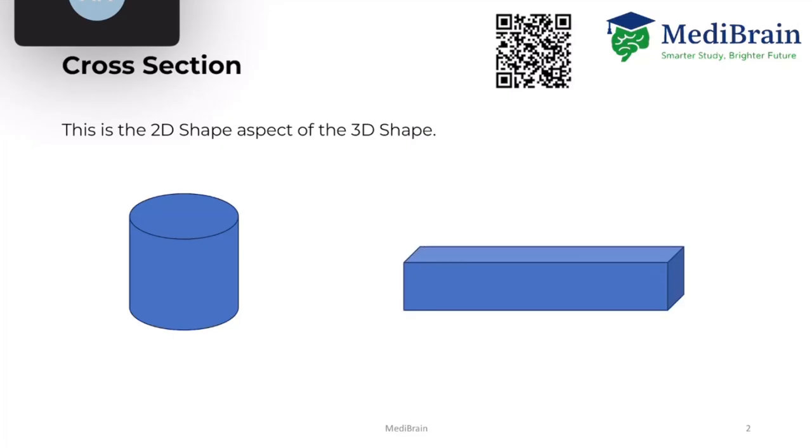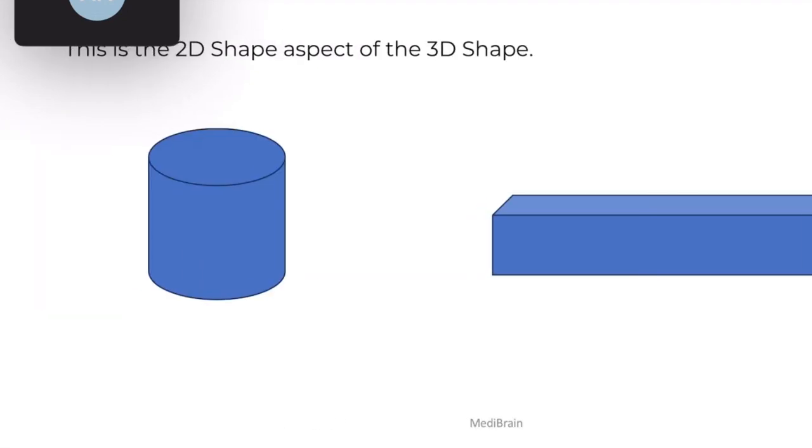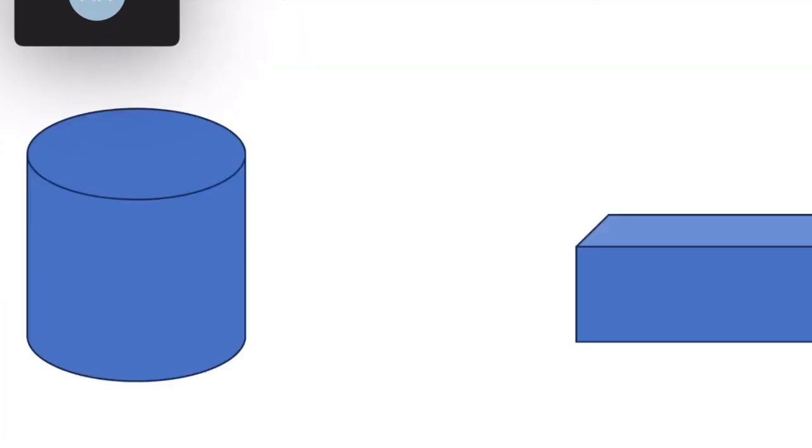If we have a look at this shape over here, we've got a cuboid. And as we can see, the 2D shape in this case is a rectangle. The rectangle is the shape that's being stretched out into a 3D shape. So we've got a cylinder, however, the cross section is a circle because that's the 2D shape that's being stretched.